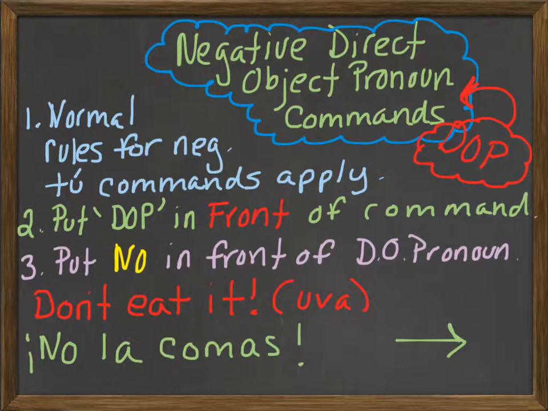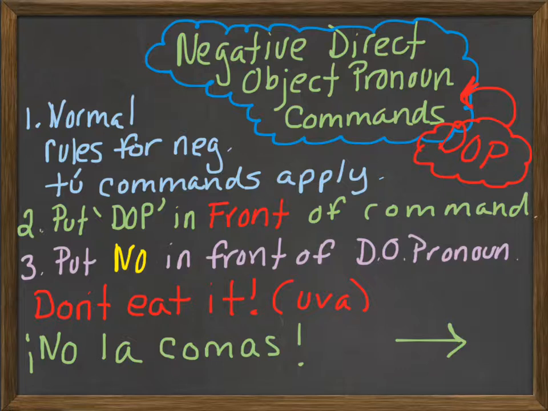Okay, real quick, last thing. If you're making a negative command with a direct object pronoun, first of all, you have to form your negative command correctly. So either memorize the irregulars or go to the yo form, drop the O, add the opposite ending plus S, and then put a no out front. Once you've mastered that, your direct object pronoun is going to go before your command.